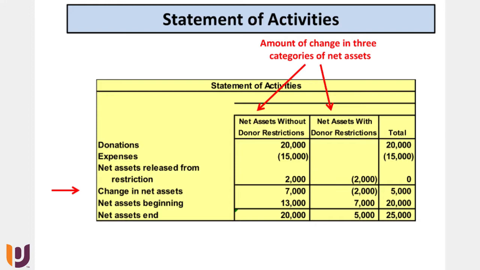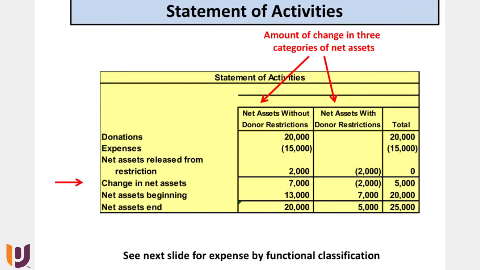In their financial statements, they would more than likely have a separate schedule, shown as a footnote to the financial statements, that shows expense broken down into soup kitchen, daycare, homeless shelter, and administration. The total of these four categories must equal total expense from the statement of activities. All expense must be accounted for. A statement of functional expense is shown on the next slide.